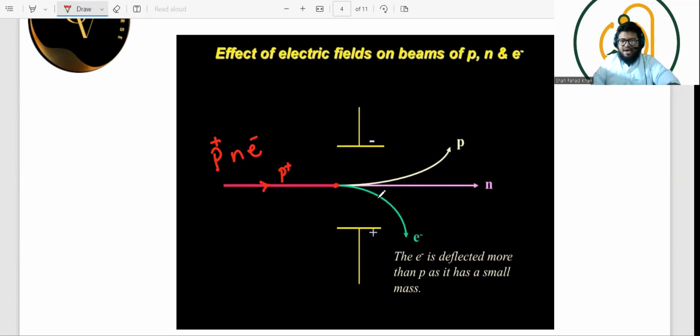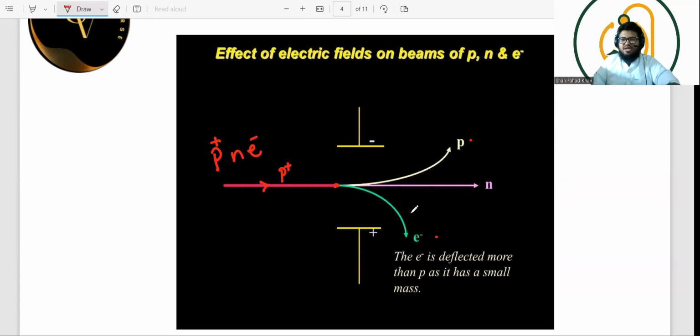But if you compare the pathways of the three particles, especially the protons against electrons, you can see that the angle of deflection or the curvature of the pathway of electrons is much more than that of the protons, which is because electrons have a lighter mass as compared to protons.